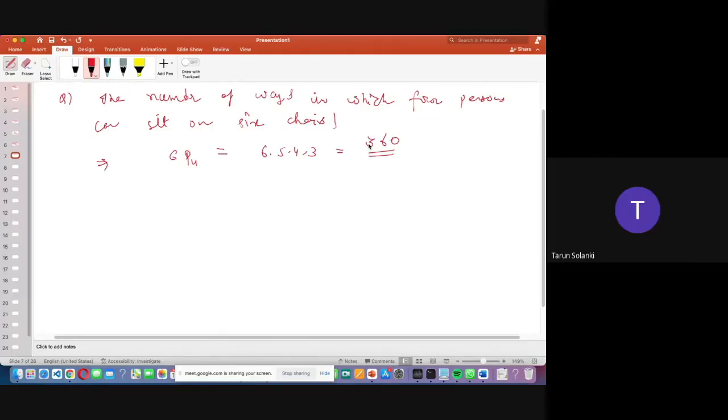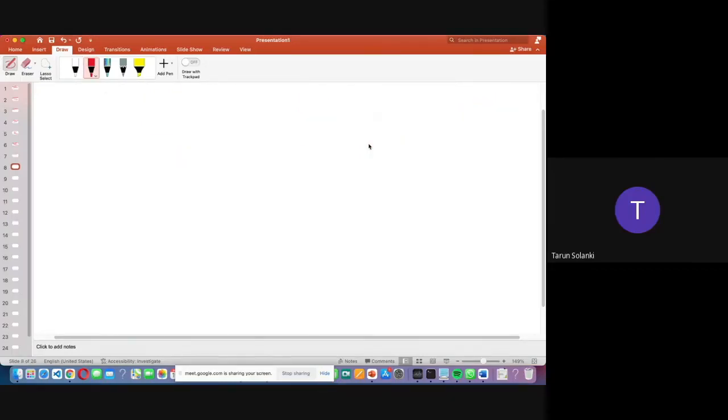Okay. Next is with repetition. So here, the number of permutations of n things taken all at a time, where p are alike of one kind, q are alike of second kind, and r are alike of third kind, and the rest are all different.